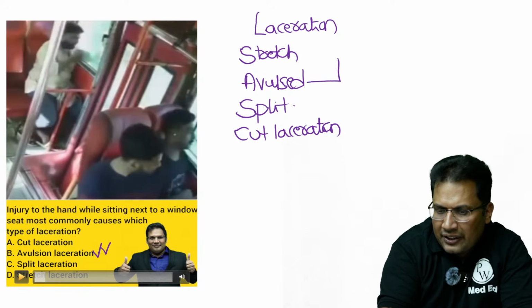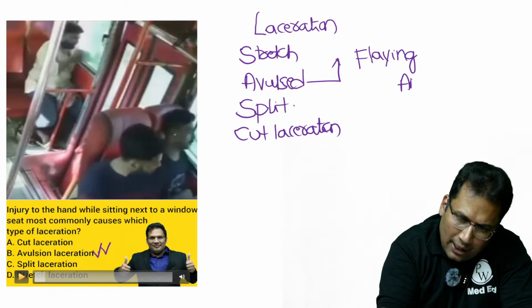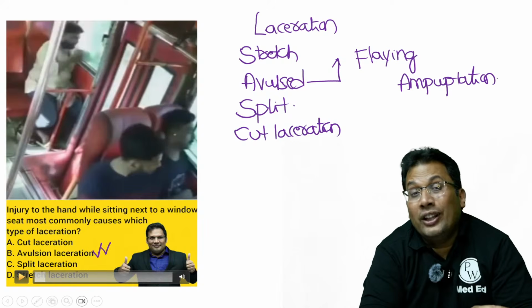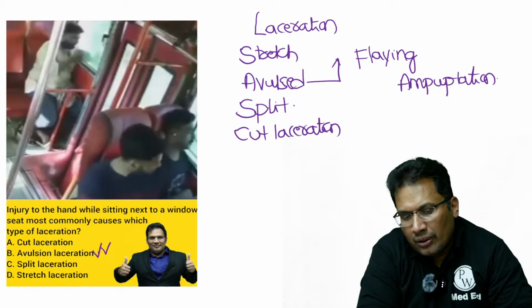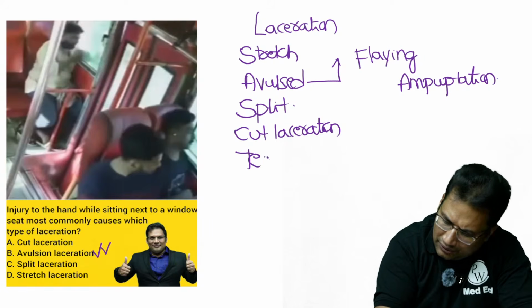So the avulse laceration is characterized by flaying or sometimes amputation as well. Amputation or degloving injury. So the best answer here, avulse laceration. Okay. Some books give tear laceration also.